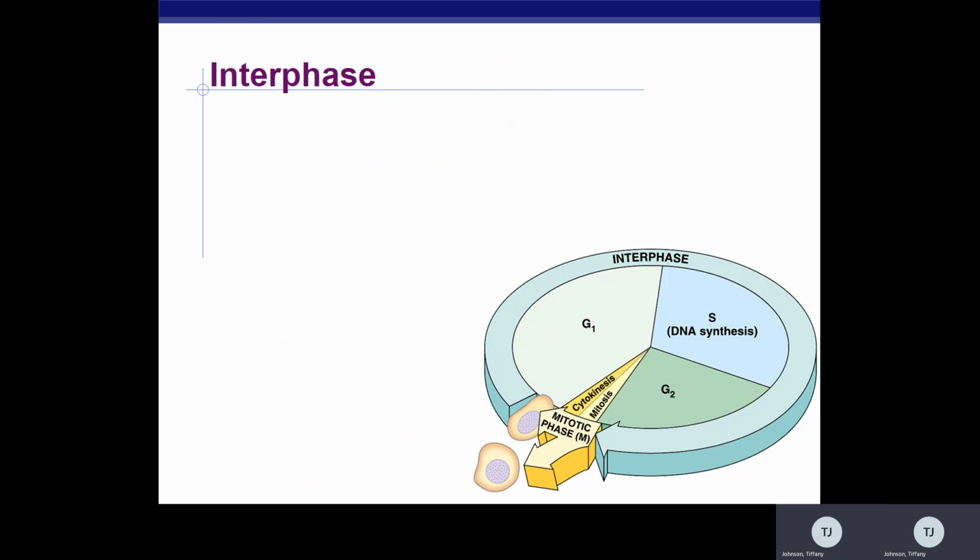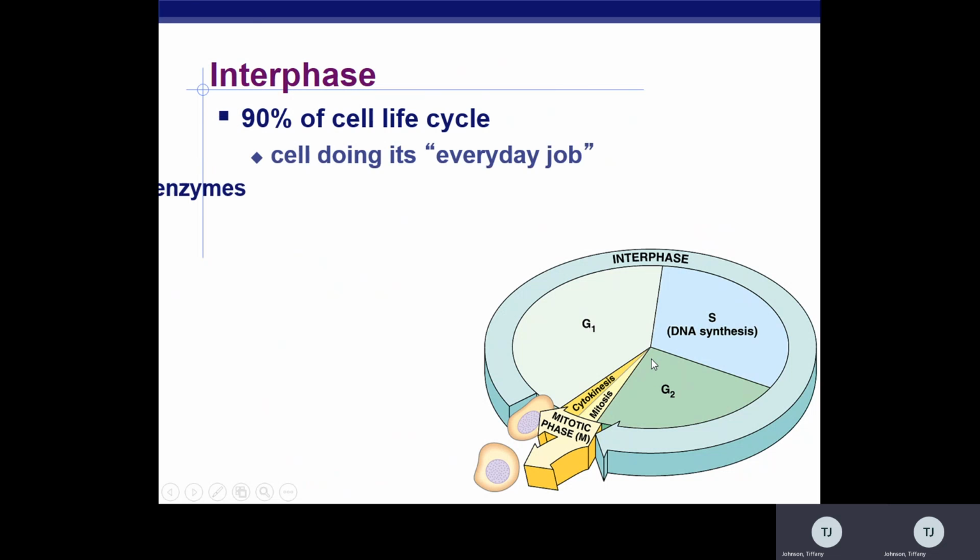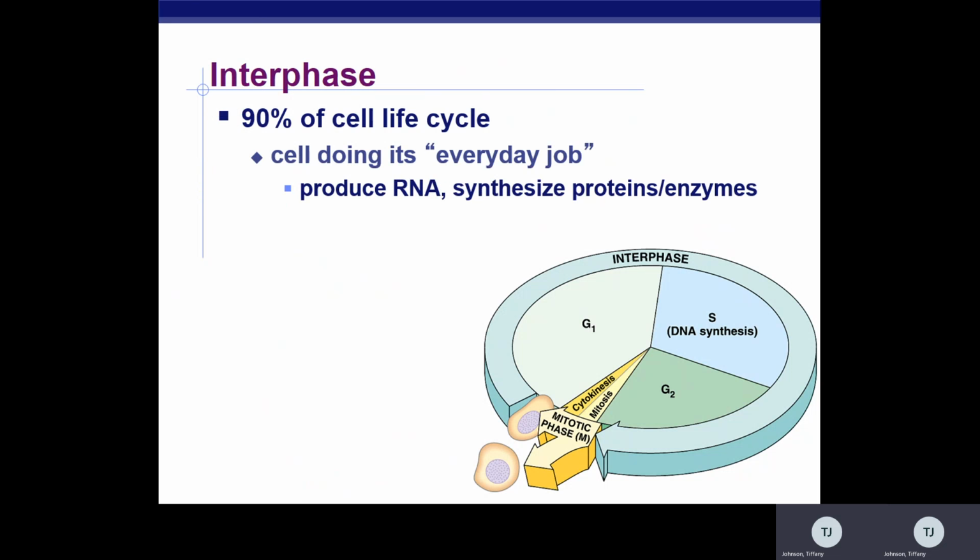And so interphase has three parts: G1, S, and G2. And the cell spends 90% of its time in interphase. At the end, I'll show you a cross-section of onion root tip cells, and you'll notice that the majority of them are in interphase, because that's usually where the cell is.